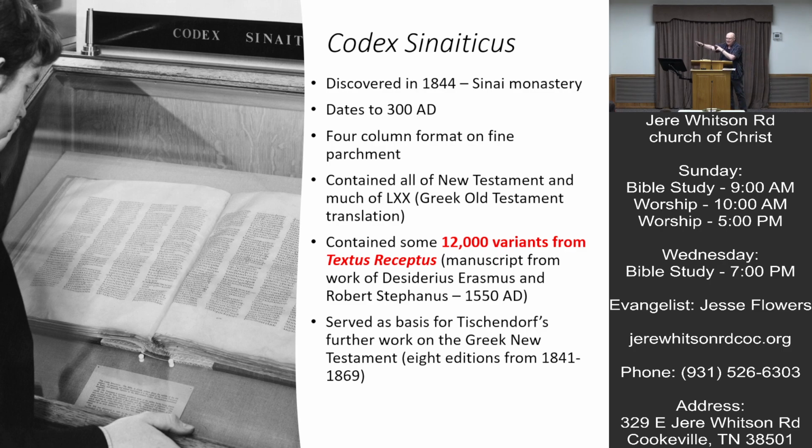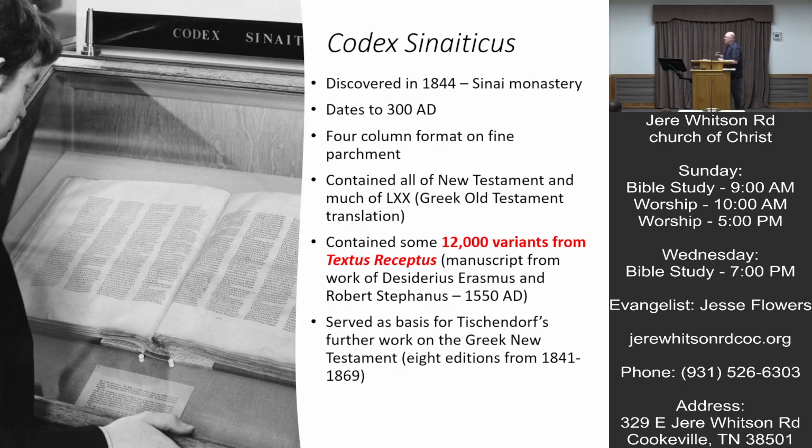The Sinaiticus and these other two witnesses came from the Western Roman Empire, where they were speaking Latin. And the folks in the Eastern Roman Empire were speaking Greek for 1,000 years after the folks started speaking Latin in the Western Roman Empire.